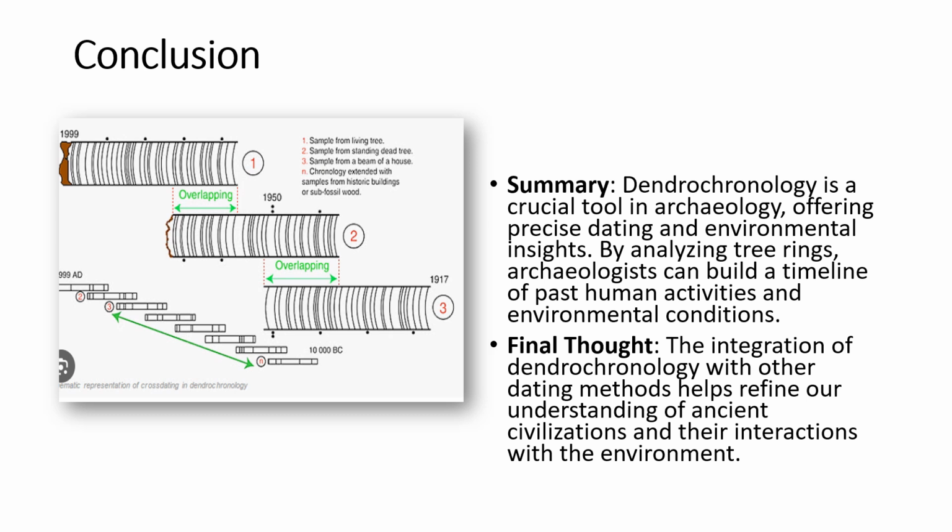When used alongside other dating methods like radiocarbon dating, dendrochronology helps archaeologists build a clearer, more accurate picture of the past. This technique has transformed the way we study history and continues to play a crucial role in archaeology today.